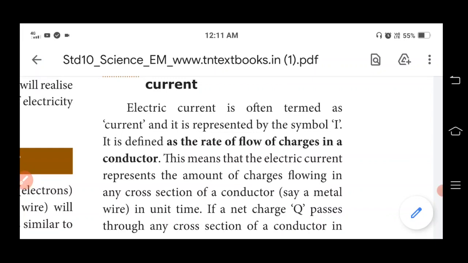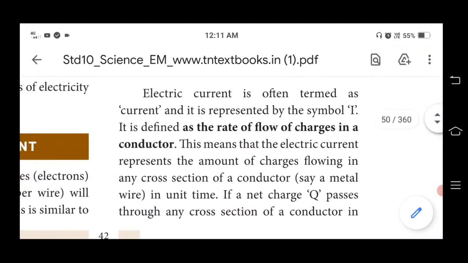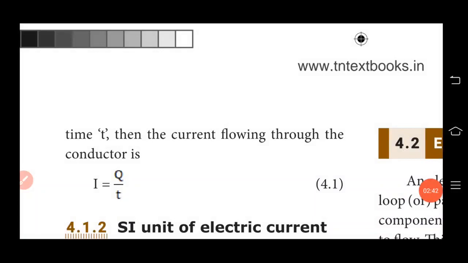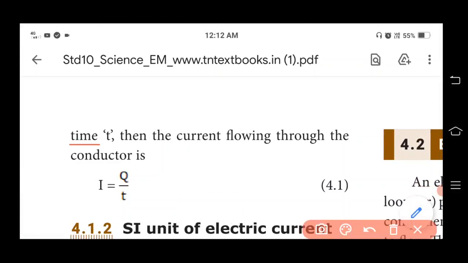So if net charge capital Q, where capital Q means net charge, passes through any cross section of a conductor in a particular time t, then the current flowing through the conductor is given as I equal to Q by T. Here I means current, Q means net charge, and T means time taken.